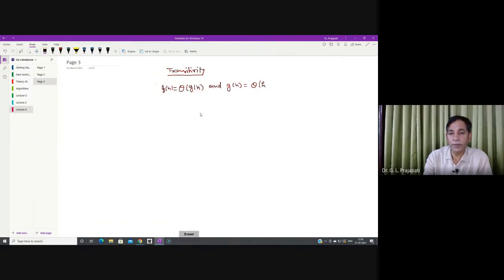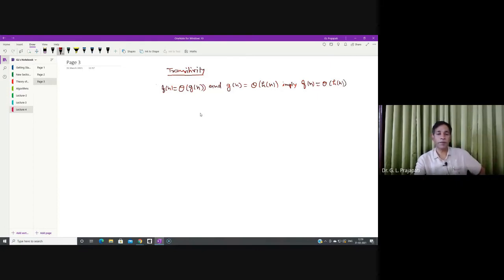So f of n is big theta of g of n, and g of n is big theta of h of n, like this. So can you say this implies f of n is theta of h of n?